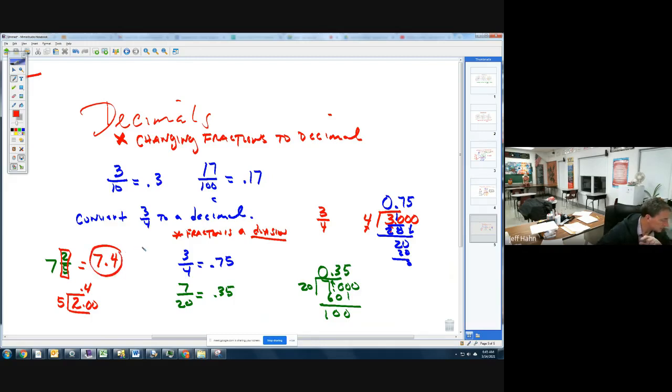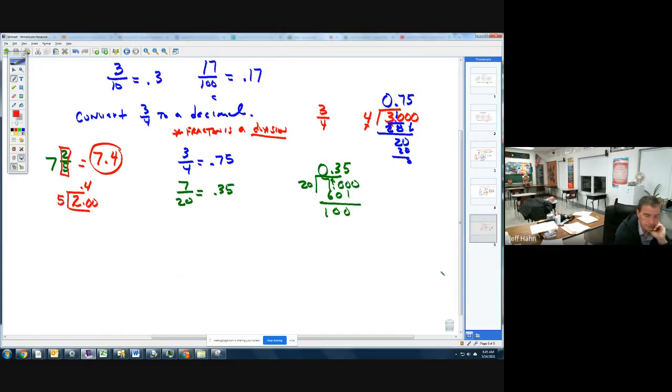Let me look and see if there's anything harder. Maybe a couple more. 7 over 25. I wonder if this one works out. I don't know. Let's see. So we are taking 7 underneath, and it is being divided by 25. Now we have to be careful here. Bring up the decimal. 25 doesn't go into 7, but it does go into 70.